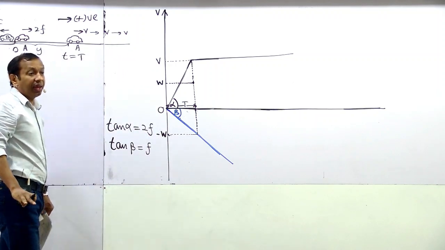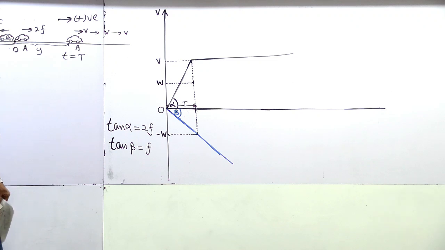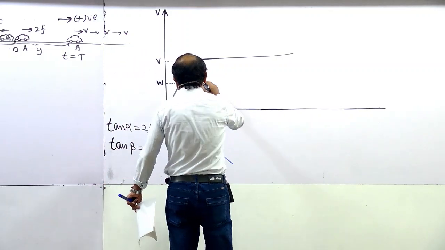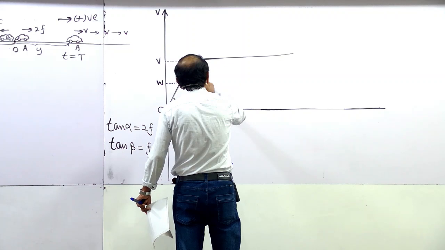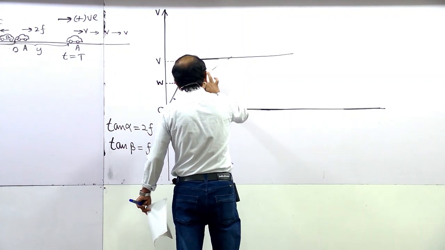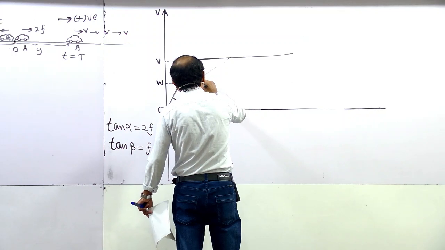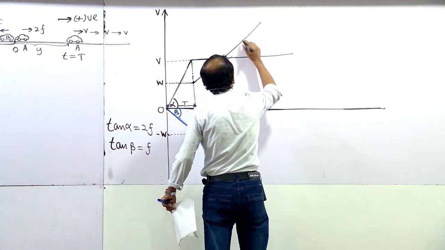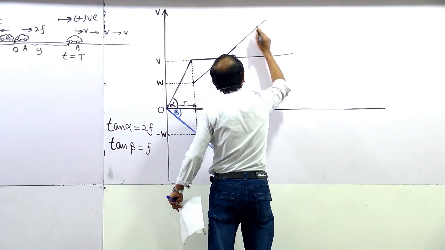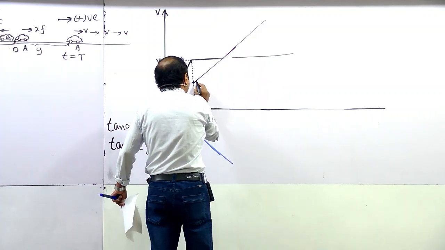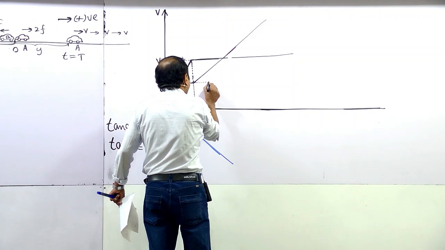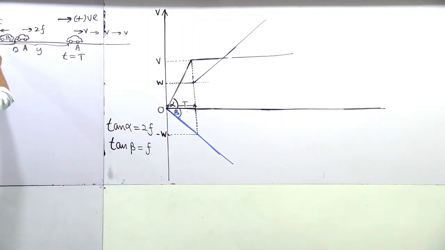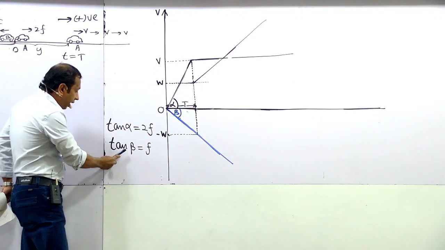It moves with acceleration, people. Then how should I draw the v-t graph of car C? Yes, it should be like this, no? This is car C. We are given the acceleration of car C as simply f. Then tan beta is f.